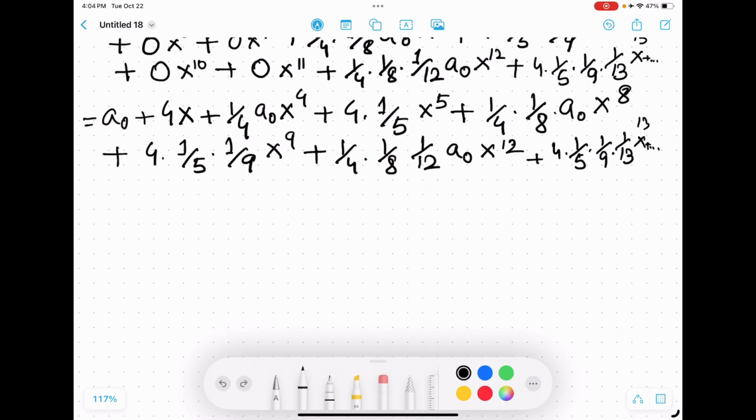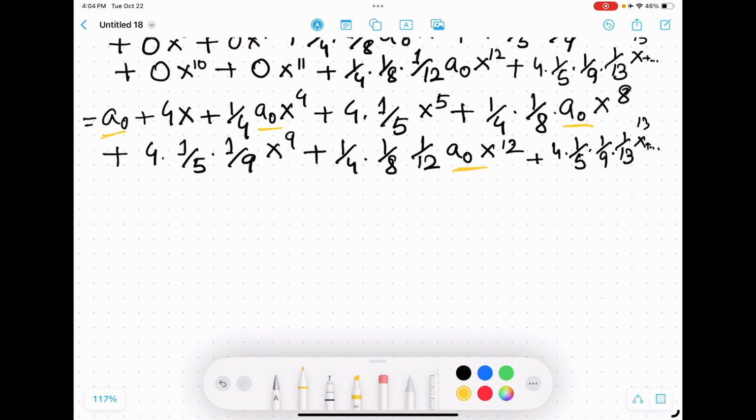So you can observe that out of all the coefficients, the only one that we haven't found is a sub 0, right? We were able to find a sub 1, a sub 2, a sub 3, a sub 4, and the rest of that, right? But the only one that we haven't been able to figure out is basically our a sub 0, which is still there in our alternate pattern, right?